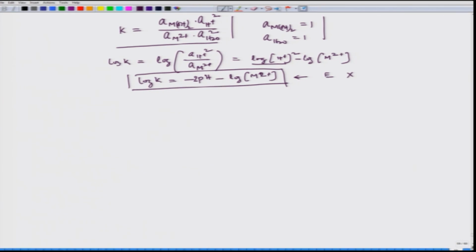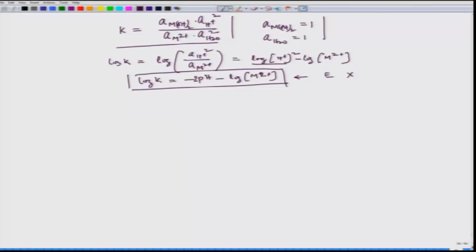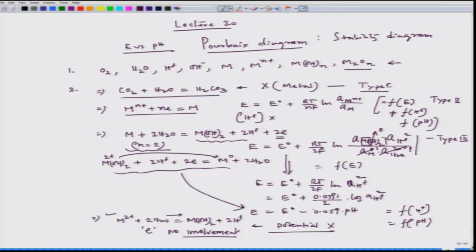So, no cathodic or anodic reactions are taking place in this entire reaction. So, it is pH dependent, a function of pH, because here we have pH, but it is not a function of potential. So, this is type 4. So, this equation becomes type 4.